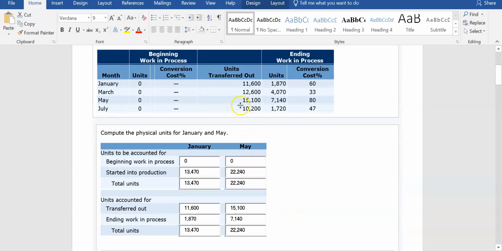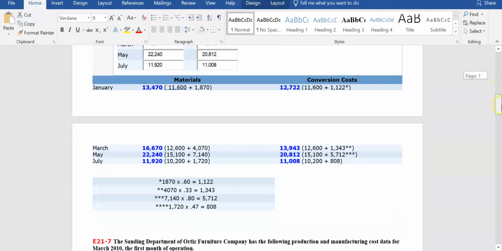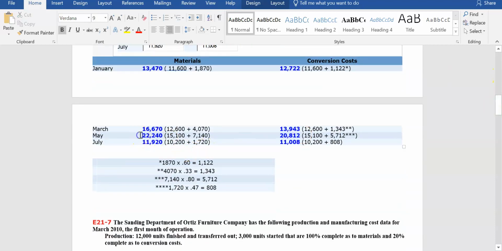In May, 15,100 transferred out, 7,140 in process. With respect to conversion, those ending work in process are only 80% complete. That means that for materials, the units transferred out plus the units in ending inventory are 100% complete.